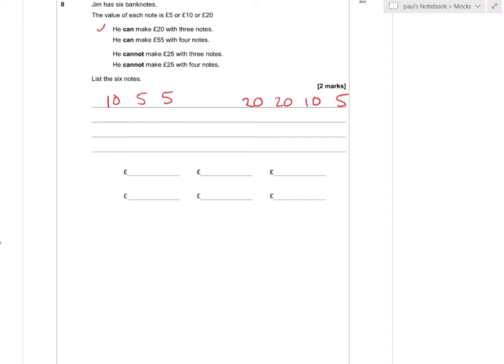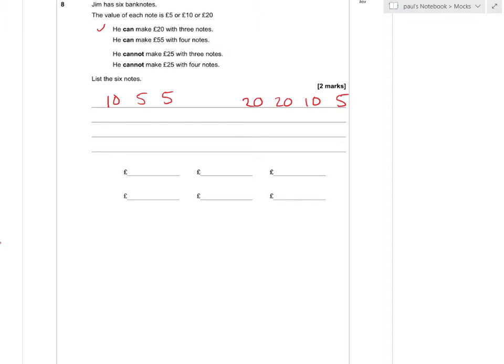Let's see, he can make £20 with 3 notes. Is there a way of making £20 with 3 notes? 5. He can make £20 with 3 notes, which has got to be that, hasn't it?